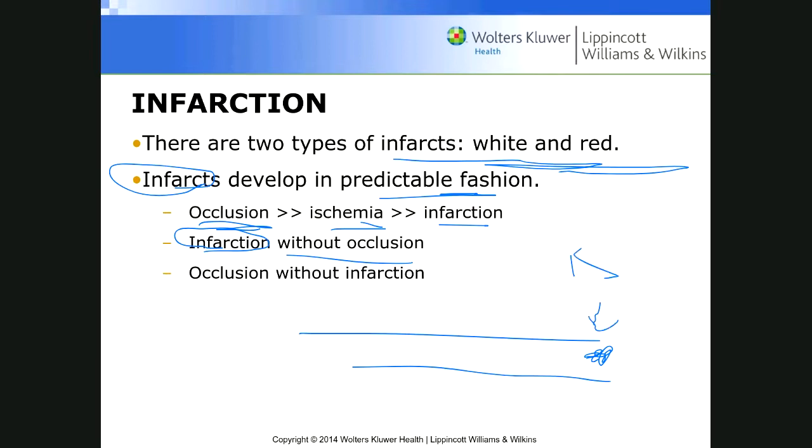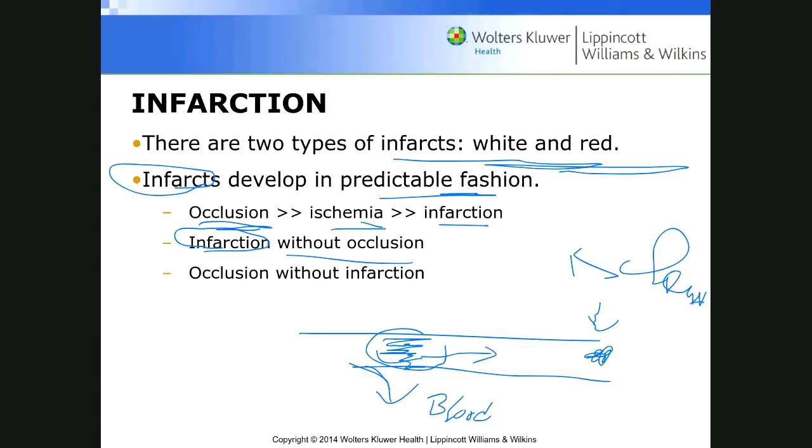You can have an occlusion here that blocks it, but is that the only reason this area might become ischemic and die? No. Let's say there's blood loss here. Blood leaves, so there is less blood flow. That's not an occlusion, but less blood can lead to ischemia. So certainly, yes, you can have an infarct without an occlusion.